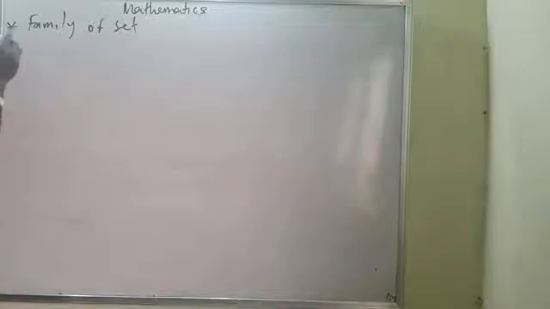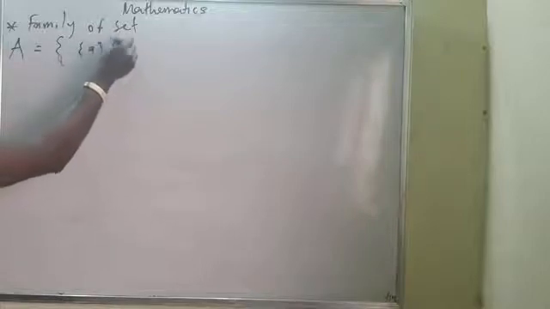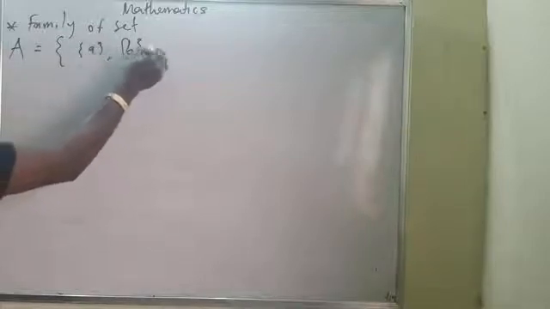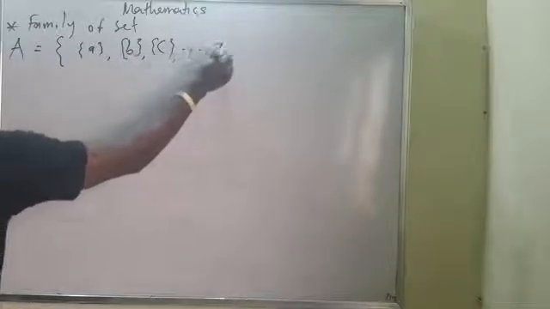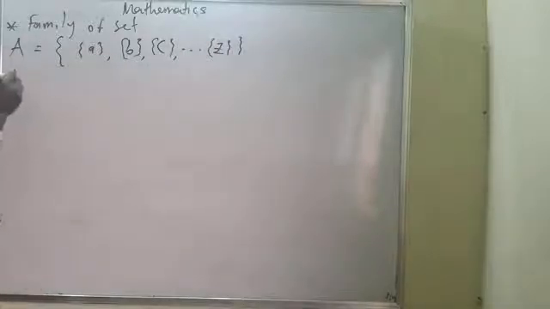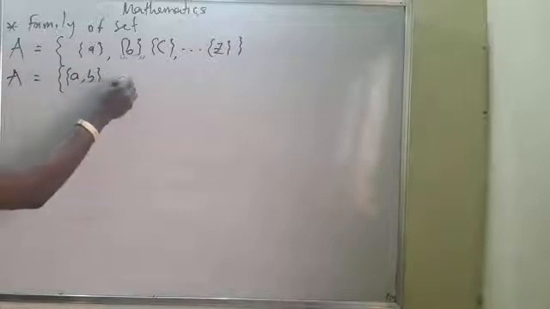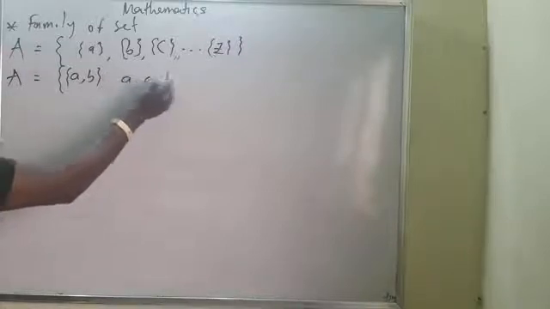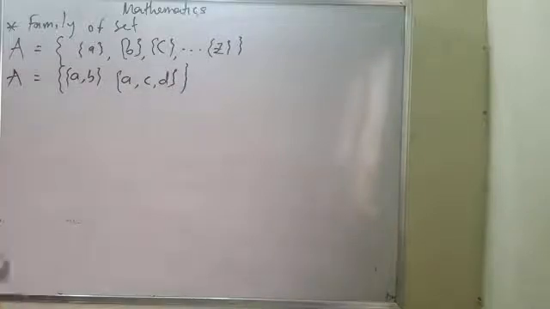If I have a set A equals to A, B, C to Z, I can also say that A equals to AB, AC, D. Now, this is a family of sets.